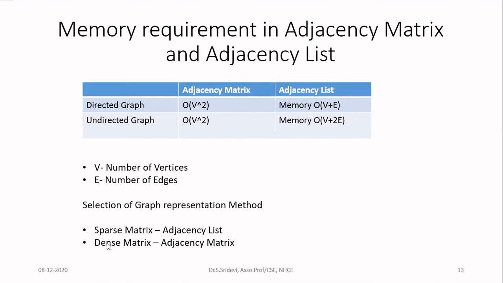And when you have a dense graph, means your number of edges are more, for example, if your graph is complete, we have seen that if you have n nodes in a graph, if your graph is directed, you will have totally n into n minus 1 edges. If the graph is undirected, you will have n into n minus 1 by 2 edges. So if almost all the edges are present in the graph, then it is called a dense graph. In that case, you will go for adjacency matrix representation.